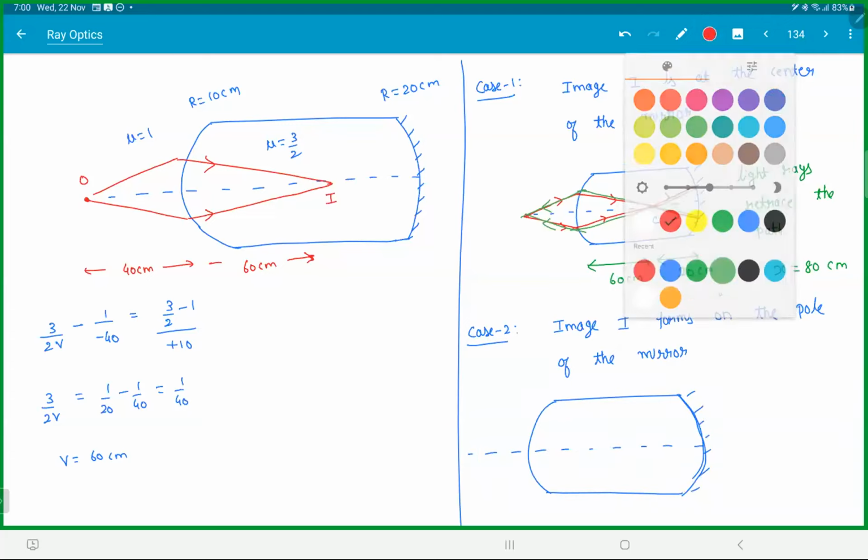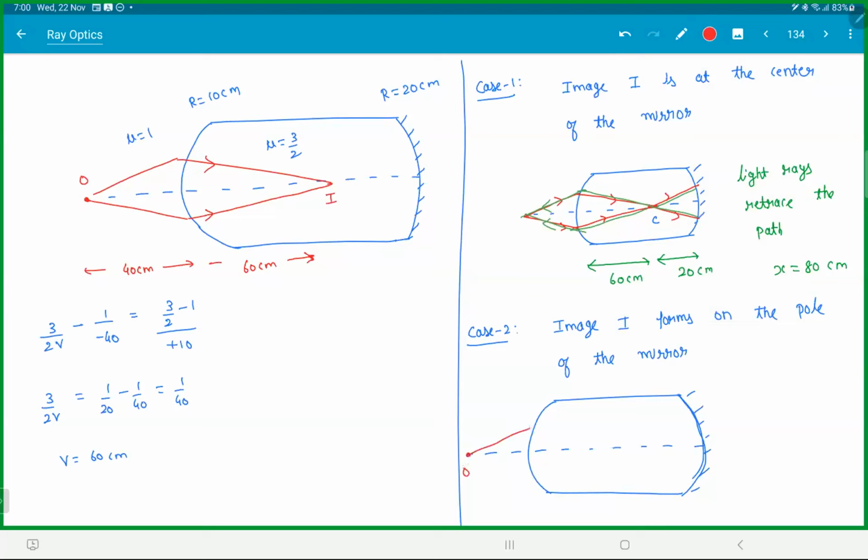Interestingly, if this is the object, this light ray which goes up, if it hits the pole, we know this light ray will come back like this. They will reverse, up and down get reversed. The light ray which went from below, when it hits the pole, will go in the opposite direction and come back here. The image will form here only. Are you getting how it forms? Because these two angles will be equal. If you hit the light ray at the pole, that theta will be the same. So this would be the image here. In this case, this is 60 centimeters. So this is the second possibility.